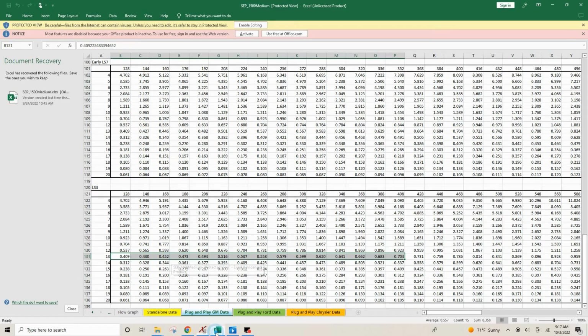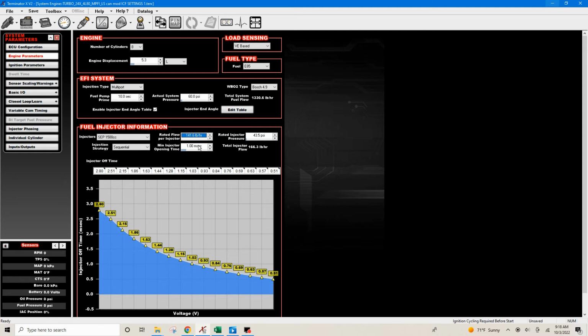Our minimum injector opening time is going to be 0.704. You can see that number right here as you come down on the chart. Just scroll across, and then that will give you the number. So 0.704 is what we're going to enter for our minimum injector opening time.